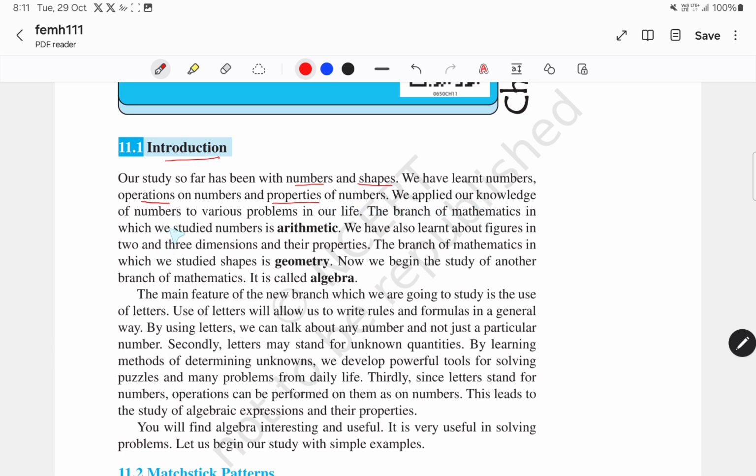We applied our knowledge of numbers to various problems in our life. The branch of mathematics in which we study numbers is called arithmetic. We can call it the study of numbers.